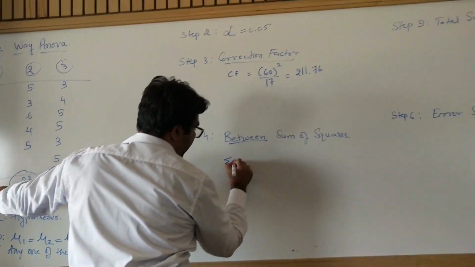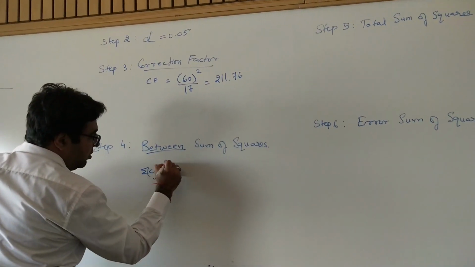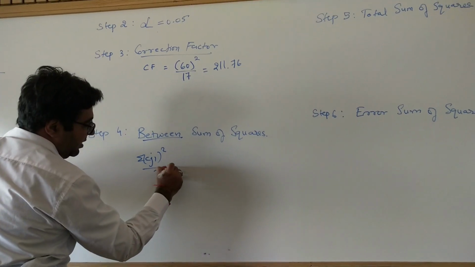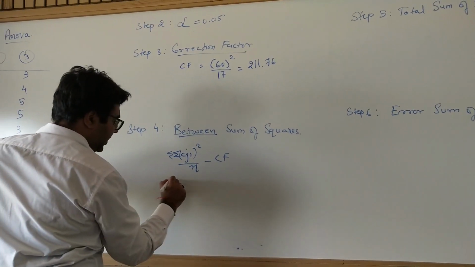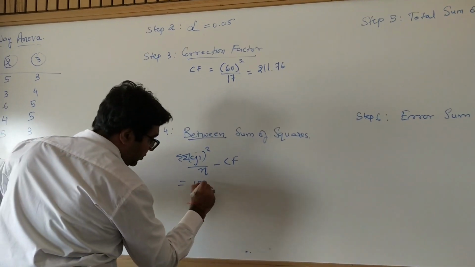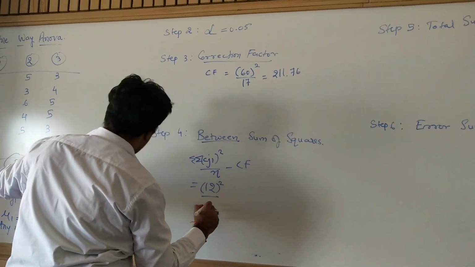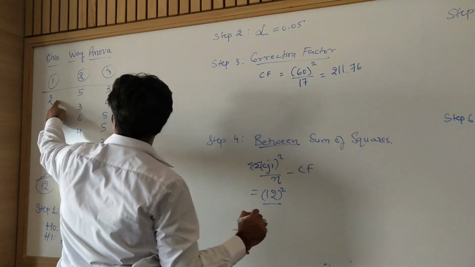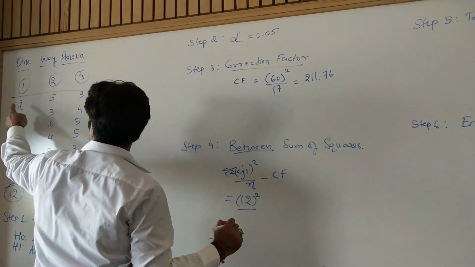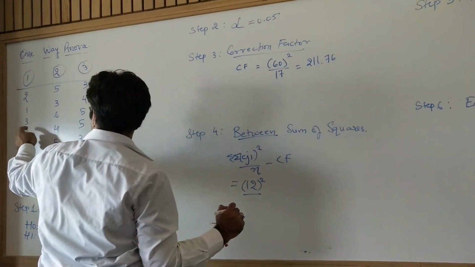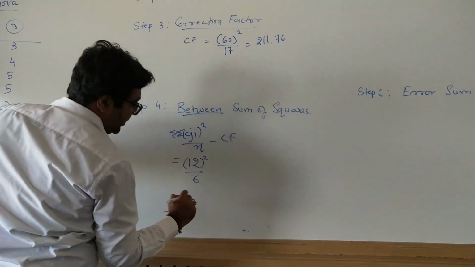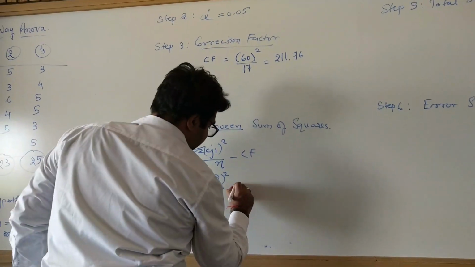So sigma Cj square divided by n, minus CF. Just remember 12 square divided by the number of elements present in that group, or you can say the number of samples taken from that group. So 1, 2, 3, 4, 5 and 6. So 6 samples were taken from the first column.